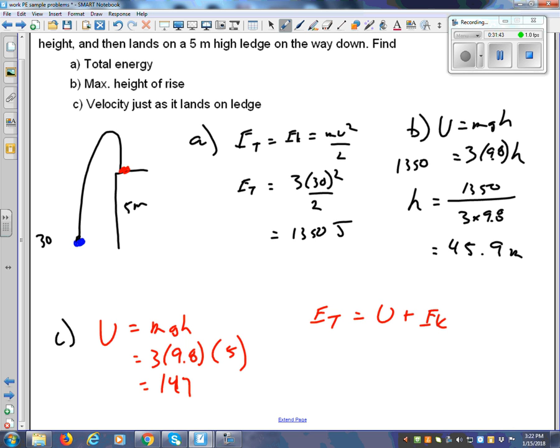Why do I not understand this? Well, we're going to find how much potential it has here, right? And then we're going to subtract that. Because at this point right here, it's got EK plus U, right? So we got to find the U. We know the ET. That's going to give us the EK.